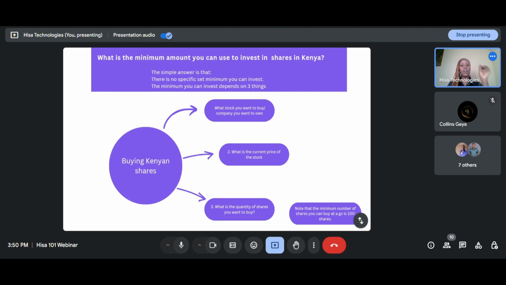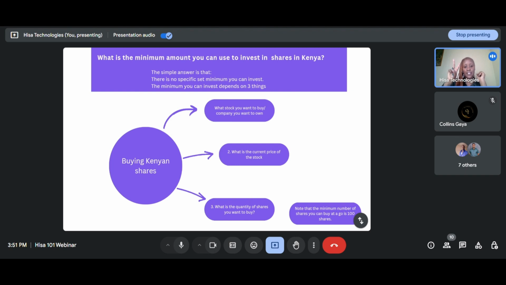Number one, it depends on what stock or company you want to buy. Why is this important? Because there are some companies with a share price of over 300 shillings per share, and some under 1 shilling per share. So the first thing is, what stock or company do you want to buy?